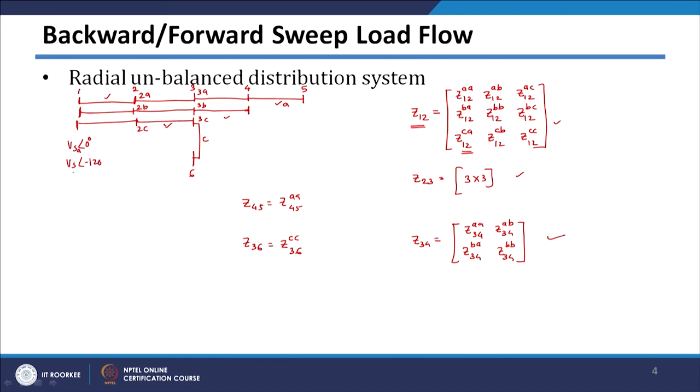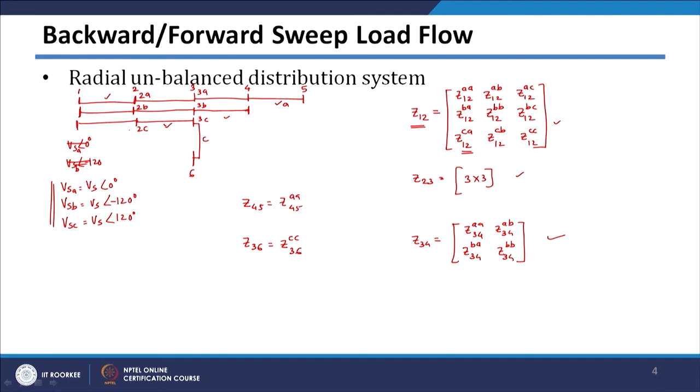So I can say Vs A will be equal to Vs angle 0 degree, Vs B will be equal to Vs angle minus 120 degree, and Vs C will be equal to Vs angle 120 degree. These voltages will be perfectly balanced and they will not change during the iterations. Voltages of other buses will change during the iterations.